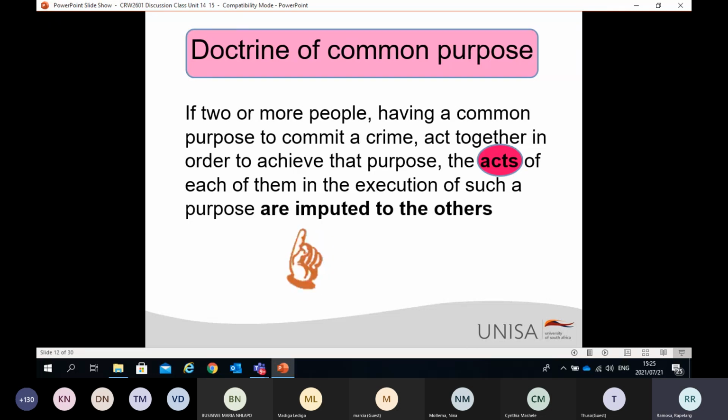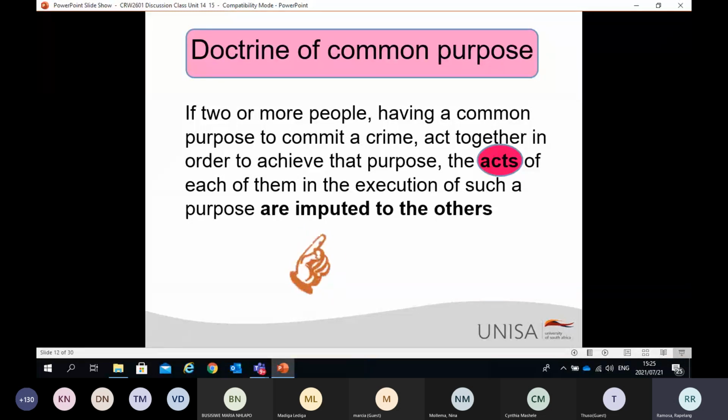That is what is imputed to those who don't have that act. And thereafter, once you say it is imputed, then you determine the intention of that particular individual alone. That person would have either intention in the form of direct intention or dolus eventualis, but that is determined separately from the question of the imputation of the act.